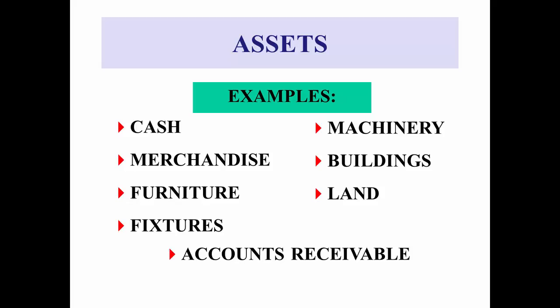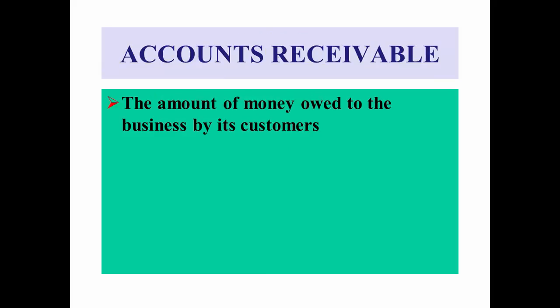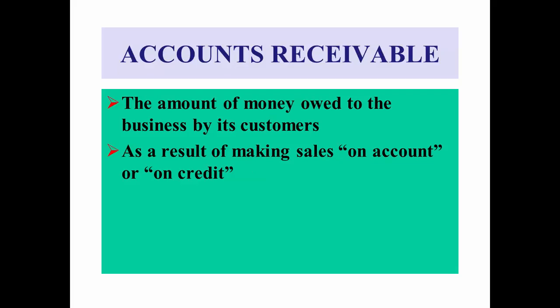There's also an asset called accounts receivable. This is where the customers owe us money. Whenever we sell something to a customer on account or on credit, that means the customer is going to pay us later. So we're letting them walk out the door with the item, but they're not going to pay us until later.